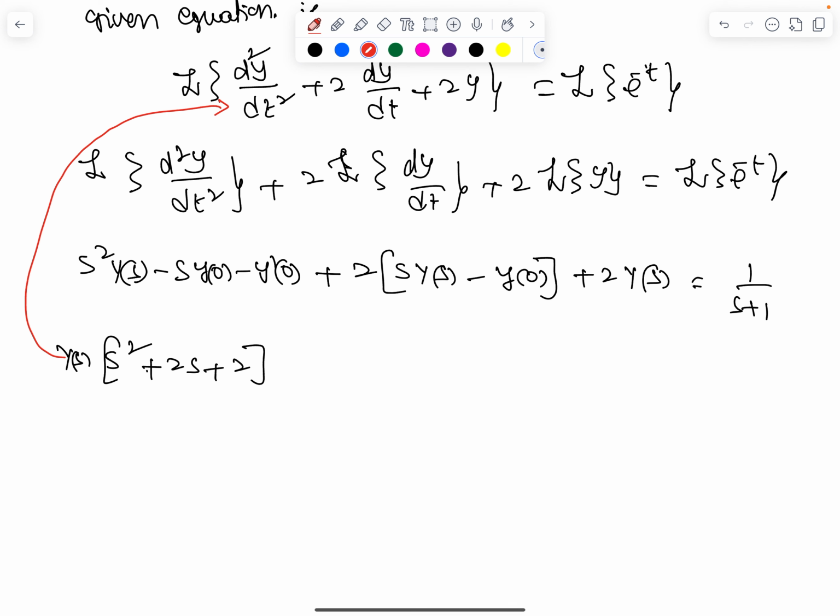So, therefore, the second derivative is a second degree polynomial, the first derivative is a first degree polynomial in s, and when there is no derivative, then that is the constant term in the polynomial. And further, we have s into y0, which is given as 0, and y prime is also given as 0. Therefore, plus 2 into minus y0 is again 0, is equal to 1 by s plus 1.